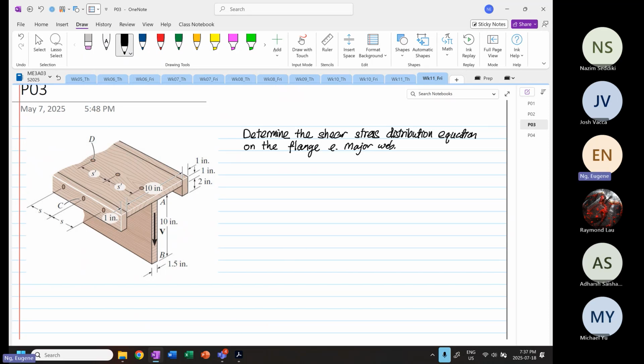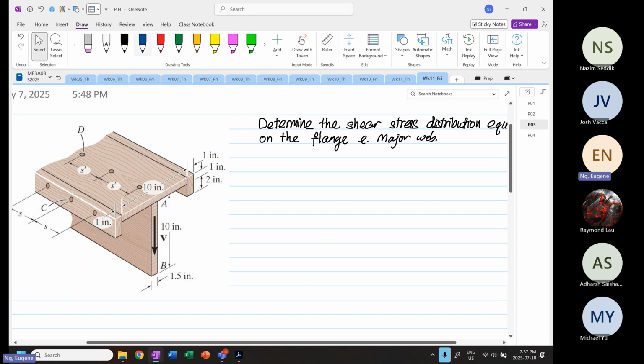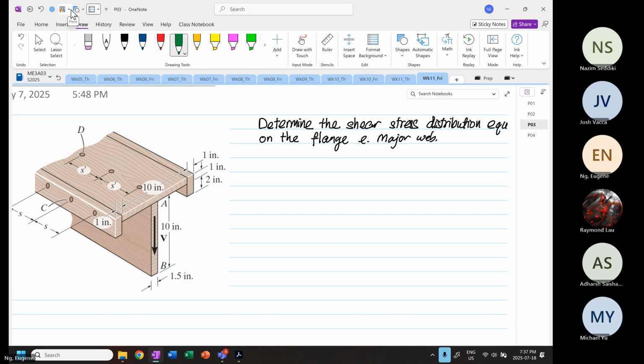So how do we do this? Over here, this is our geometric centroid, and given we have our transformation, this is our X, Y, and Z. Let's consider the flange.